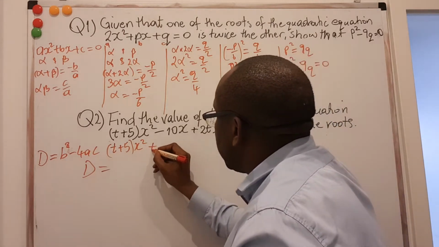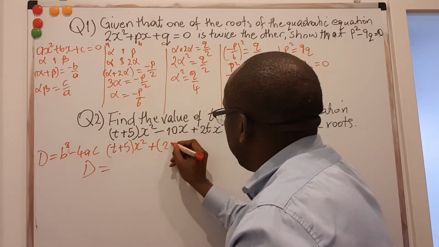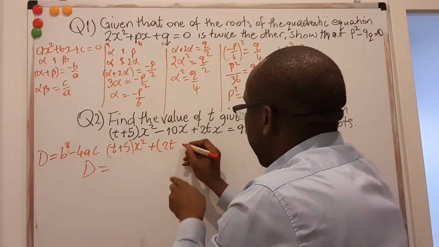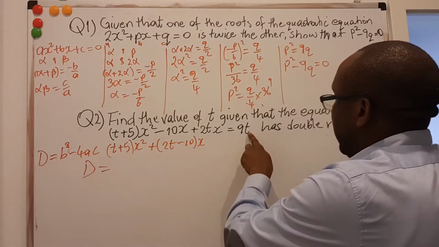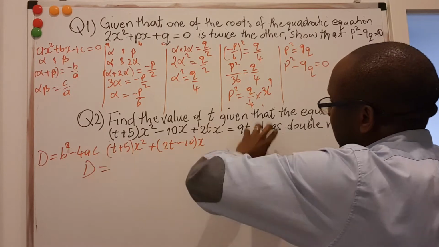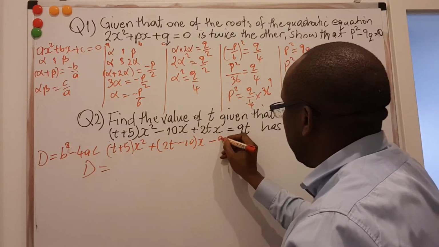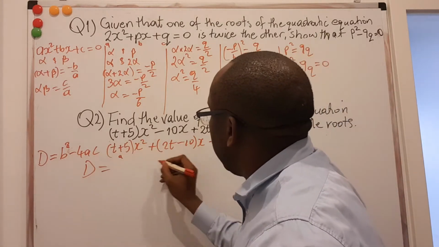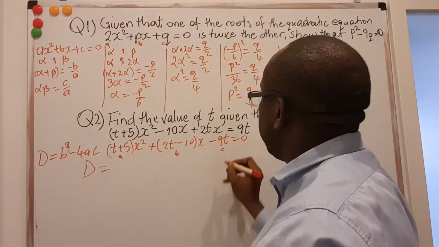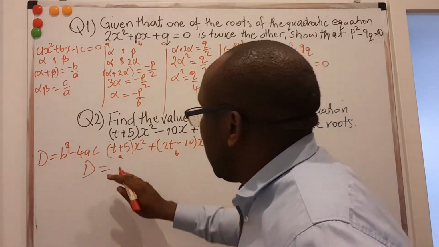So I'll get plus here into brackets 2t minus 10x. And this is a constant with respect to x, so I take it to this side, it becomes minus 9t is equal to 0. Here now we have our a here, b here, and c, and we can apply our discriminant.